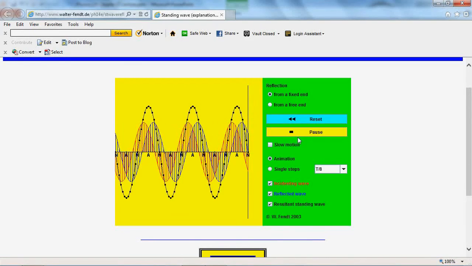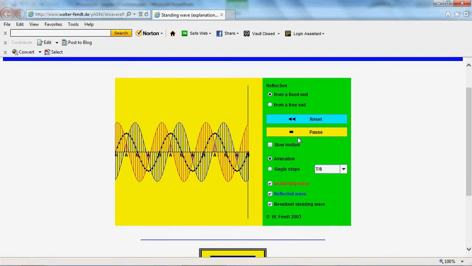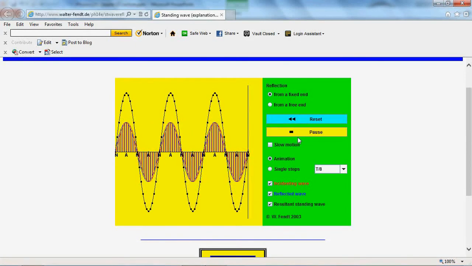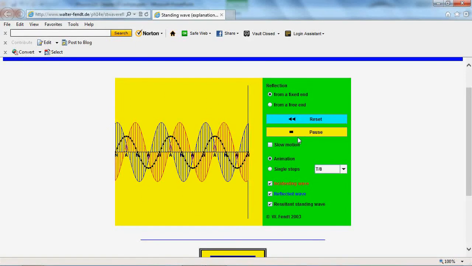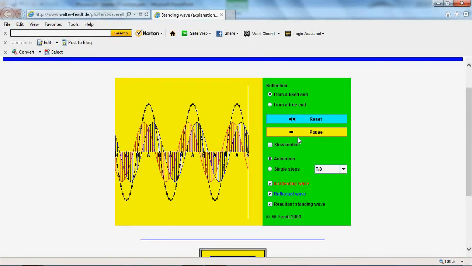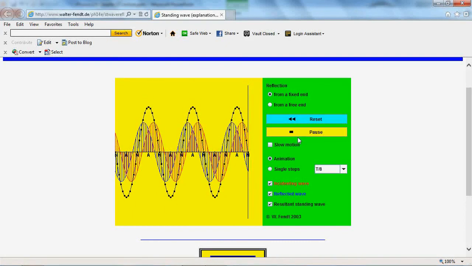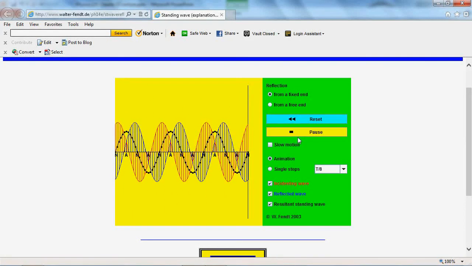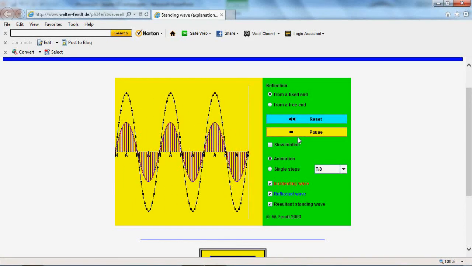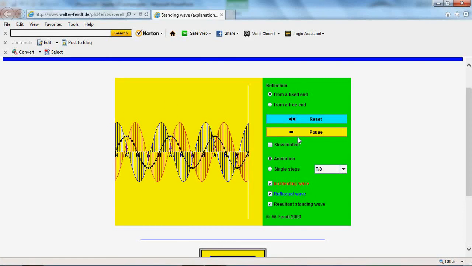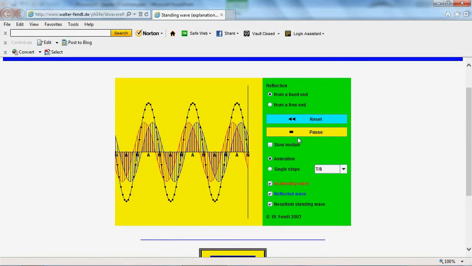And so the amplitude is 0 when those are opposed to each other. So this is how a standing wave looks. Now you'll be doing a lab with standing waves, and there's some formulas that you're going to need to know, and that's going to be the subject of the next video.